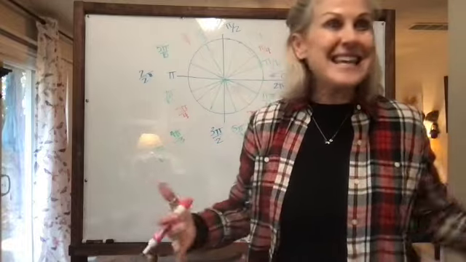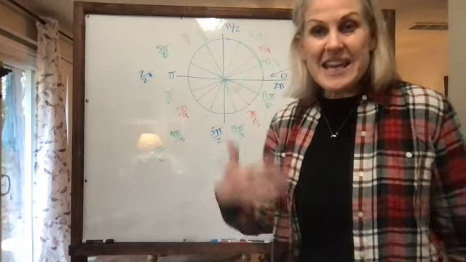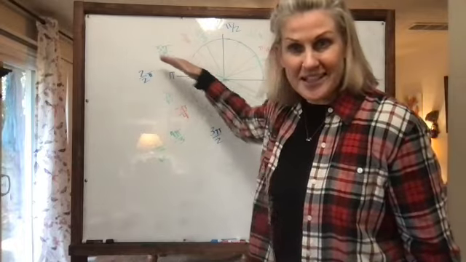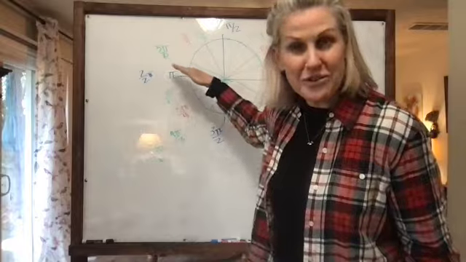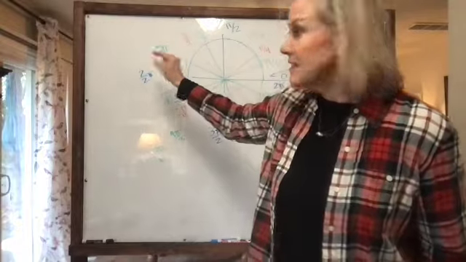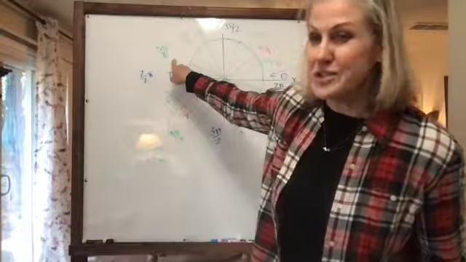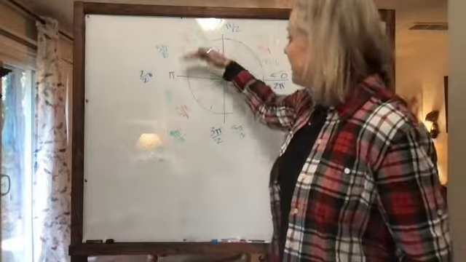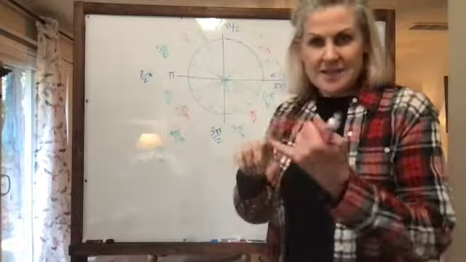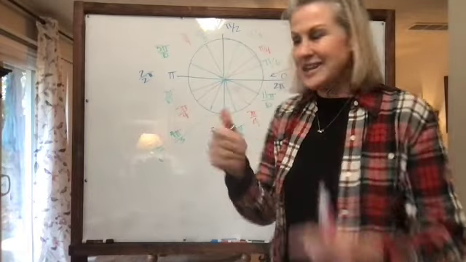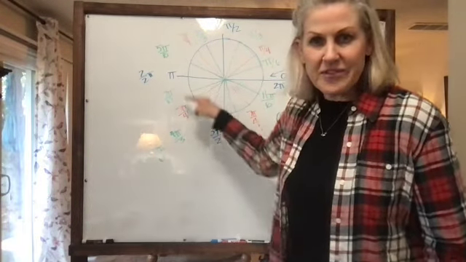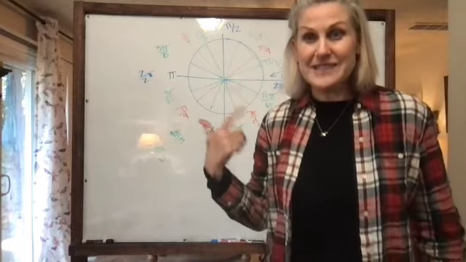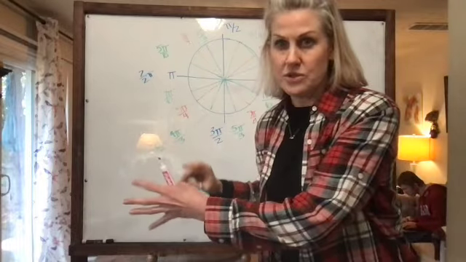So if we see a trig problem and we see cosine of 5 pi over 6, we remember that 5 pi over 6 is one of our major landmarks on the unit circle. 5 pi over 6 is a landmark on the unit circle. 5 pi over 7 isn't. So that's a different animal. But if I get thrown a sine, cosine, tangent, secant, cosecant, cotangent of any one of these angles on the unit circle, I know its value because of the unit circle.